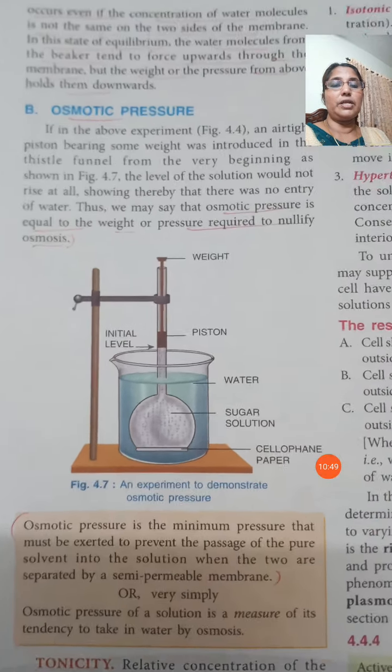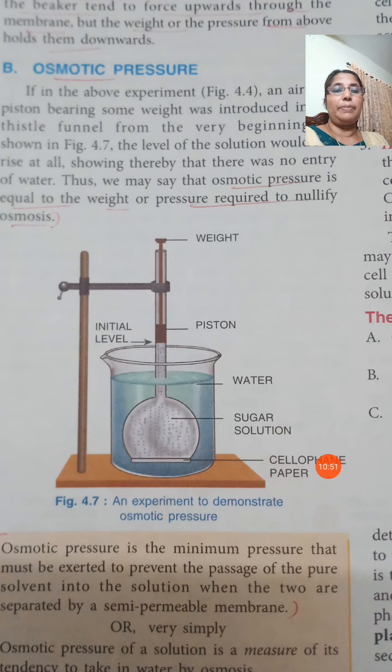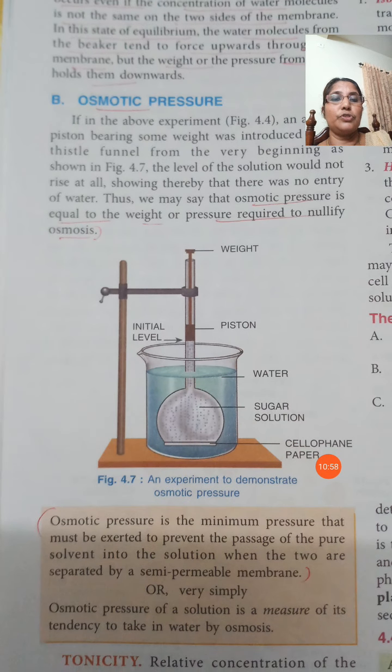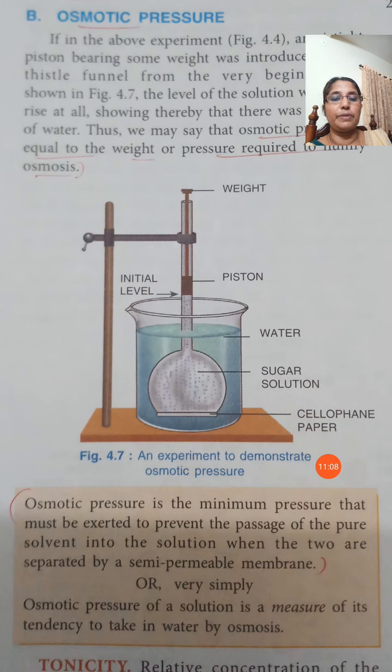We can measure it by applying a weight. Here you can see an airtight piston is used, and a weight is placed there. We can measure the osmotic pressure. Osmotic pressure is the minimum pressure that must be exerted to prevent the passage of pure solvent into the solution.